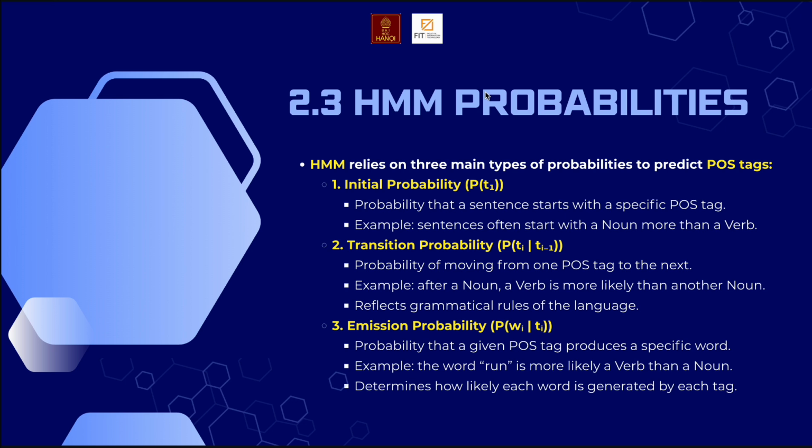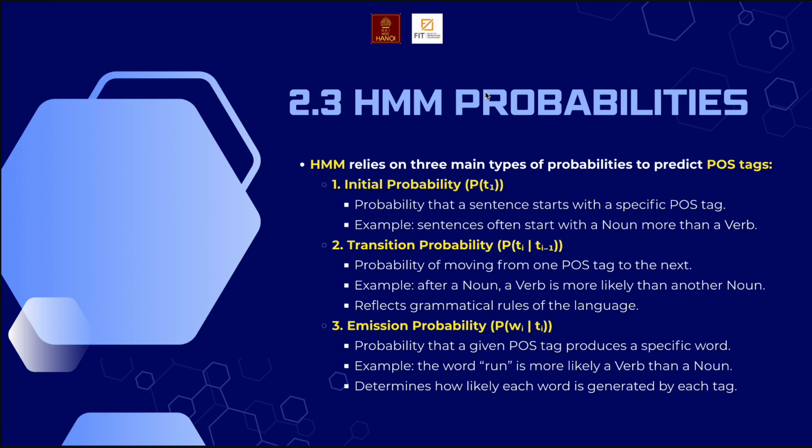Secondly, it's the transition probability. This is the probability of moving from one POS tag to the next. For instance, after a noun, the chance of a verb appearing might be higher than another noun, reflecting grammatical rules. And the last one is the emission probability.